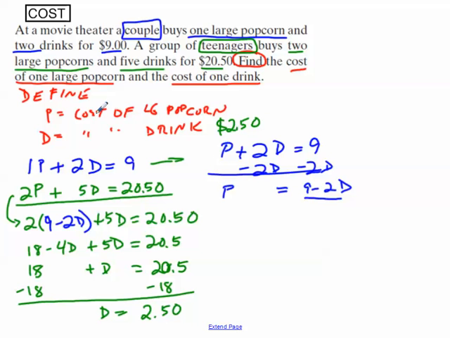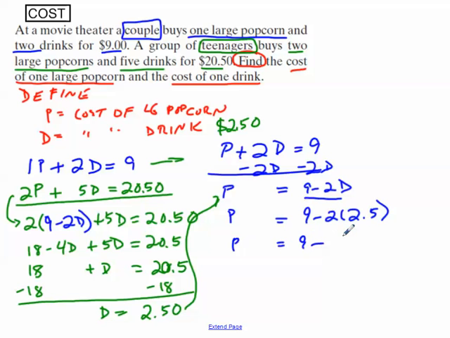But we can't stop there because we were looking for the cost of a popcorn as well. And I could just go up here and say, the cost of a popcorn I know is 9 minus 2D, so let's substitute that D back in. Rewrite the blue in terms of P equals 9 minus 2 times, what's the cost of a drink? 2.5.